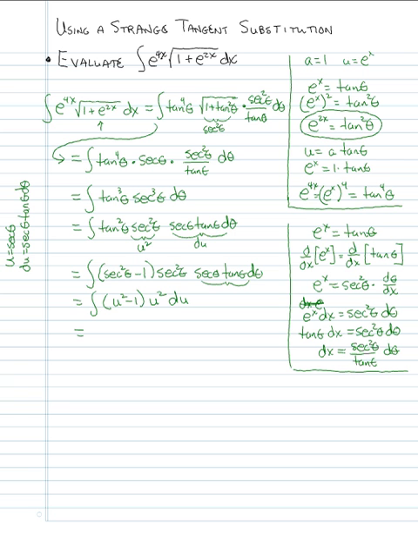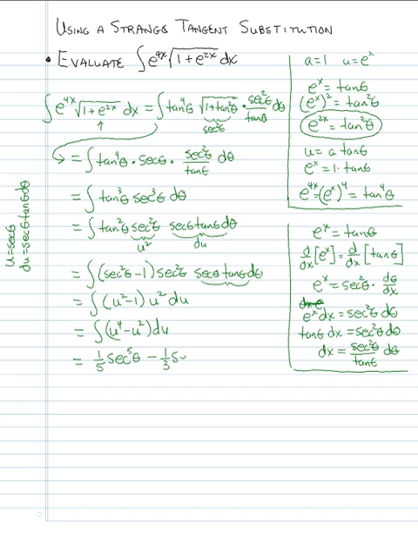Now that looks pretty simple, because if we multiply that u squared out, we'll have the integral of u to the fourth minus u squared with respect to u. And of course that's easy enough. That's 1/5 u to the fifth. But of course u is secant of theta, so that's 1/5 times secant to the fifth theta, minus the integral of u squared, which is 1/3 u to the third.